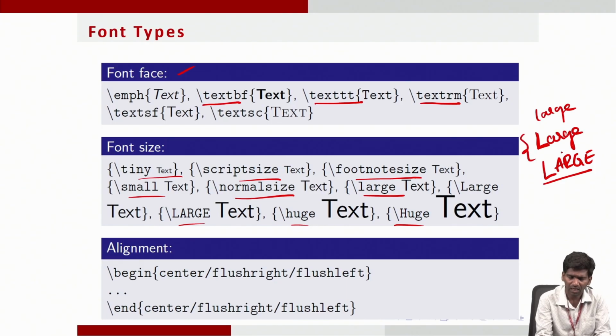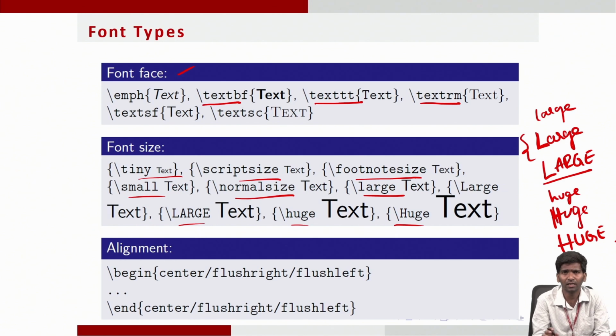In large we also have three. Similarly, huge, H is capital. So I can use small huge and all caps huge. If I use all caps it will come very big in that particular huge tag. If I use all small, it will come very small in the huge tag.